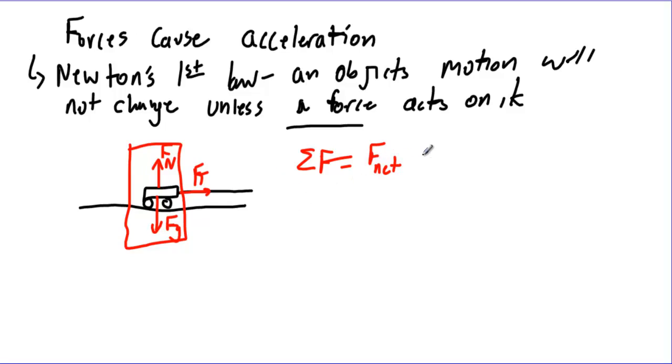I'm going to say the net force in the vertical direction is zero. That's not the same thing as saying there are no forces acting in the vertical direction. It's just that they cancel each other out. And so we didn't have to worry about these two. All we had to worry about was the tension in the string.